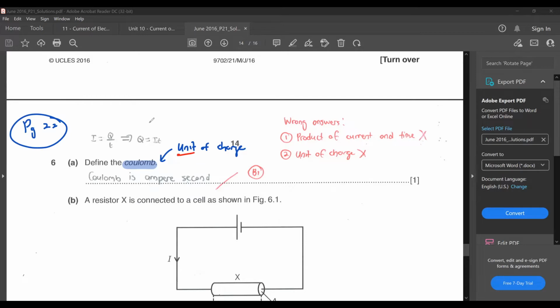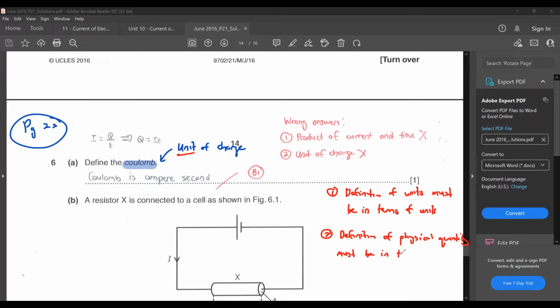So when you're asked to define, say, a unit, the definition of units must be in terms of units. Okay, in terms of units. All right. If they are asking you for definition of physical quantity, the definition of physical quantity must be in terms of physical quantity.